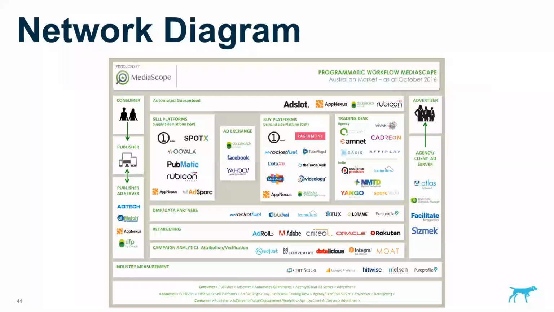Again, this is really just to demonstrate just how many players are involved here. Even beyond the SSPs and DMPs, there's data partners, retargeting abilities, industry measurement to validate, and all of this generates cost. And this is why I think programmatic compared to GDN differs in terms of how it starts.